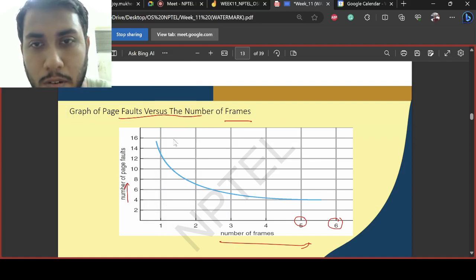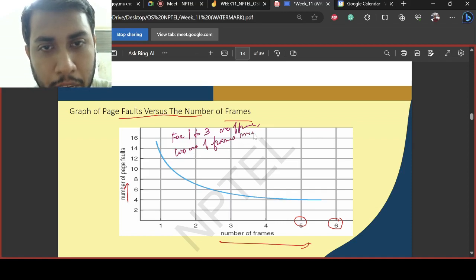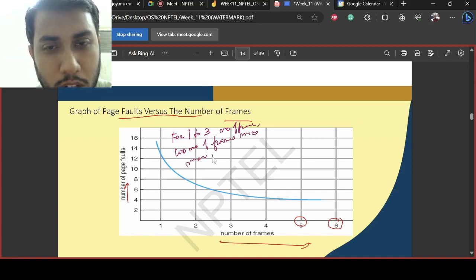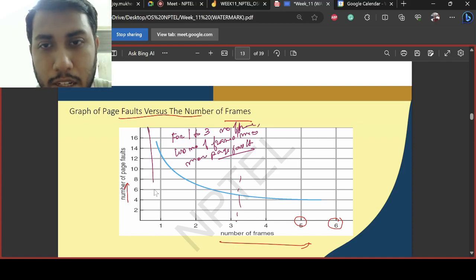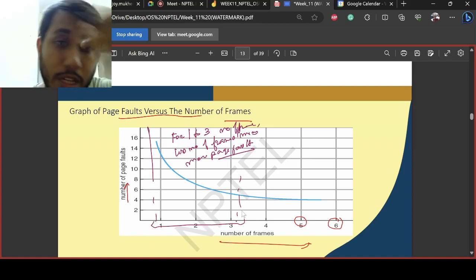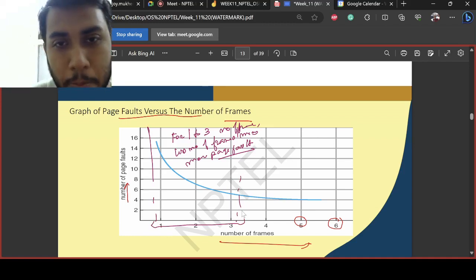For 1 to 3 frames, fewer frames means more page faults, right? So you will think that a lower number of frames is correlated with more page faults.